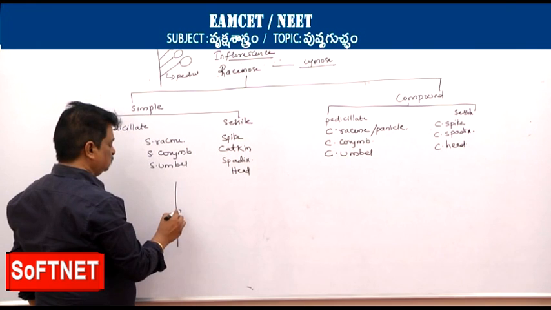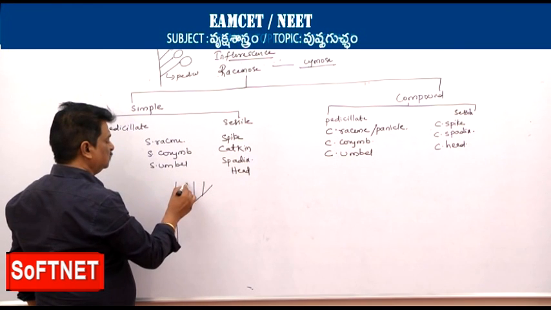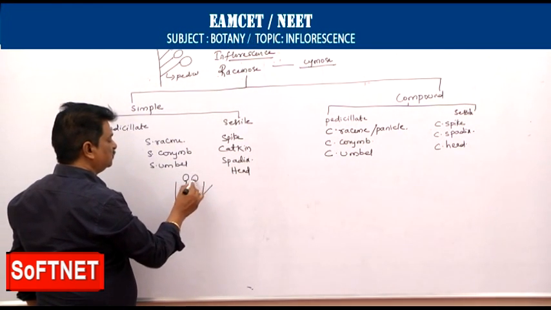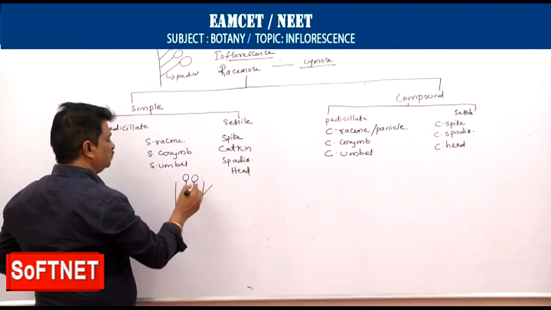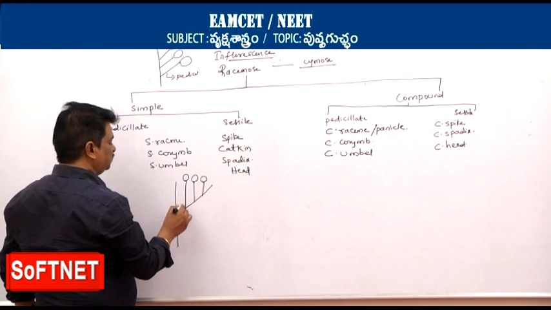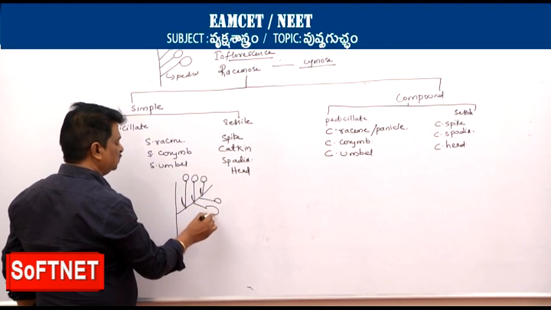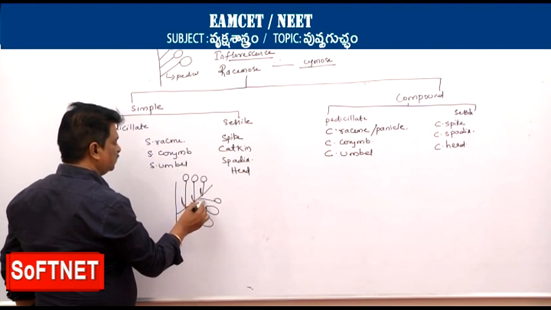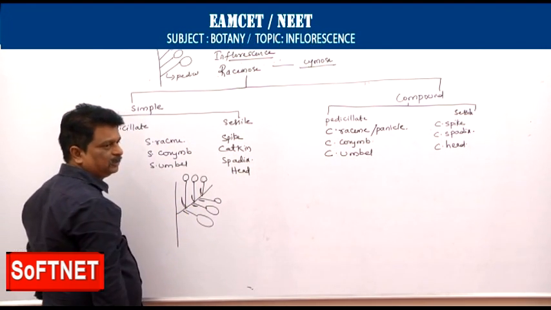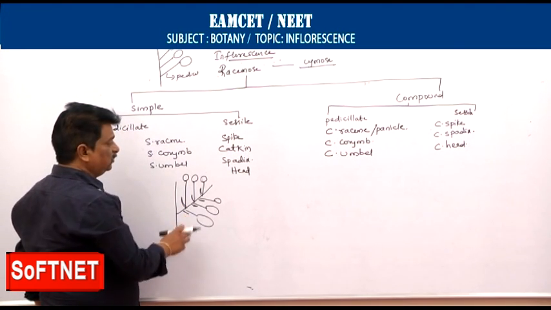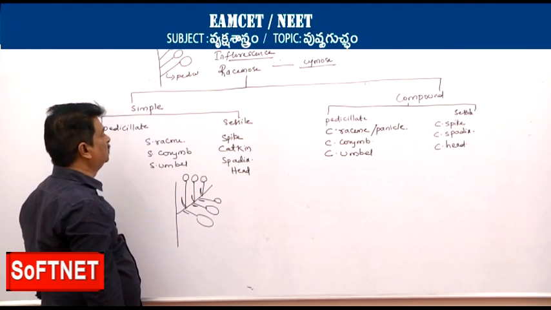In simple raceme the peduncle is unbranched, but in compound raceme the peduncle is branched, and these branches produce bracteate and pedicellate flowers arranged acropetally, called a compound raceme or panicle. Example for compound raceme or panicle: tobacco, that is Nicotiana.